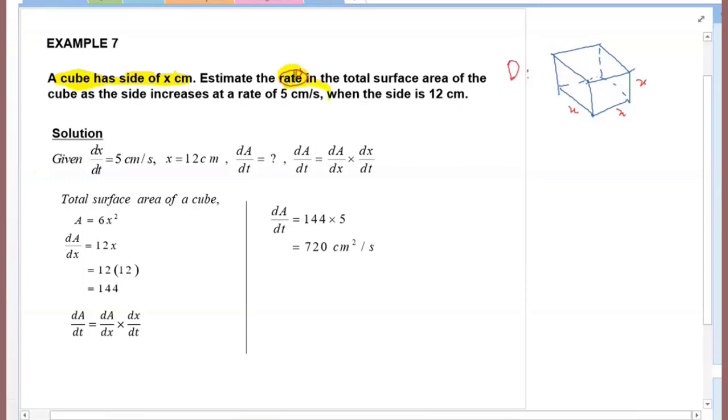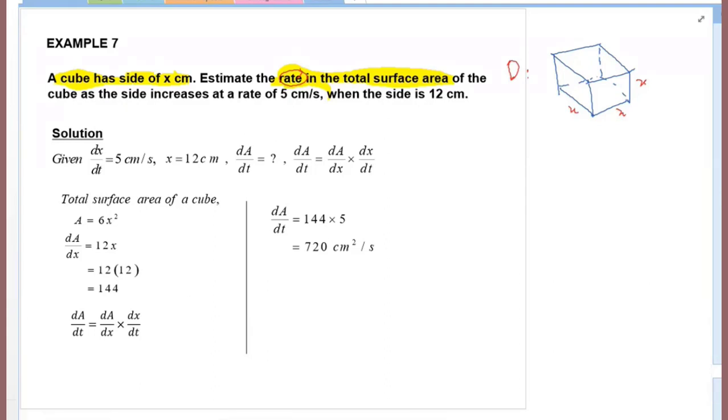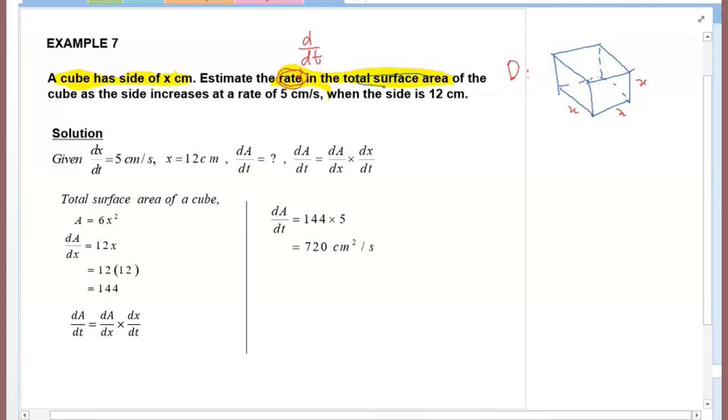involving t of the total surface. So estimate the rate of the total surface. We want something involving dt because of rate, and total surface. This is dS/dt, the surface of the cube as the side increases.